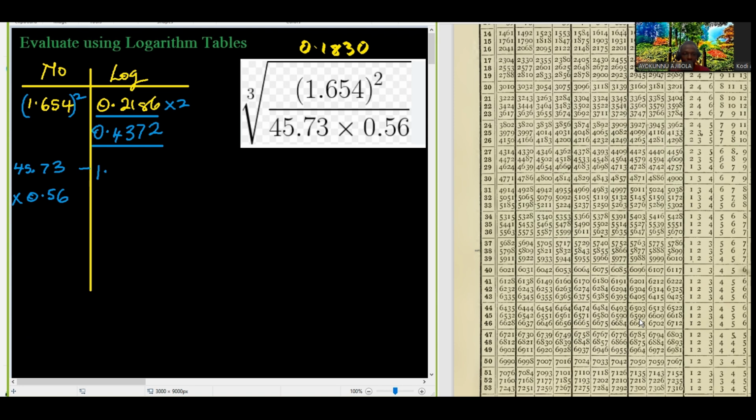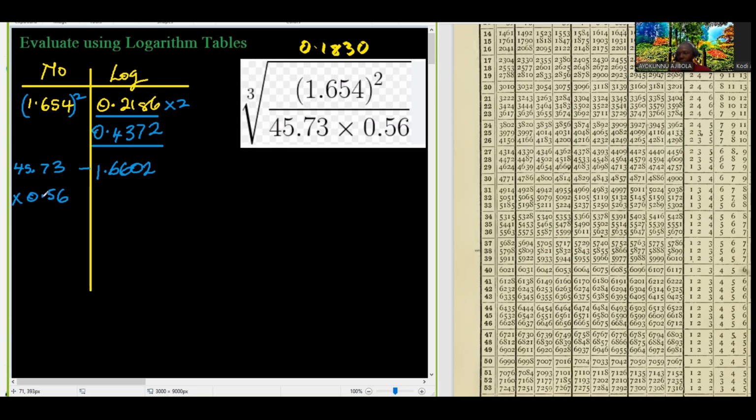So if I add 3 to 599, I get 602. That will be 6602 instead of 6599.